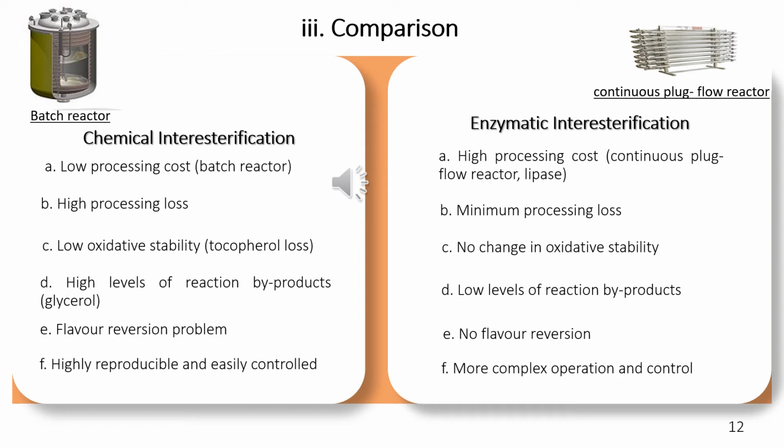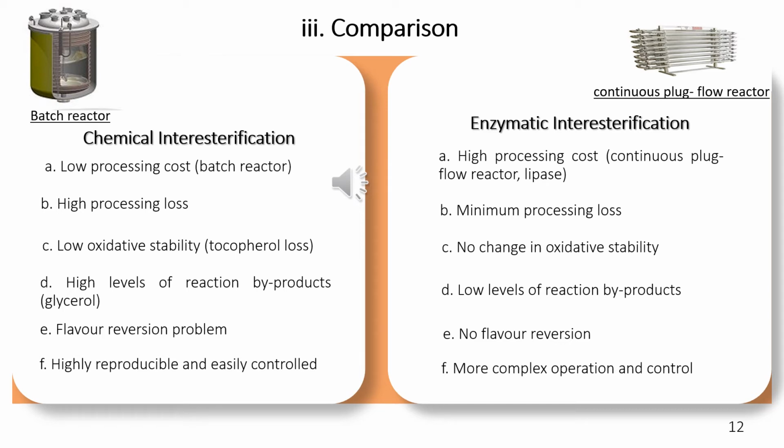Chemical interesterification requires a high level of reaction byproducts, for example glycerols. So in this chemical interesterification process, byproducts occur, for example the glycerols. The glycerol is obtained as a byproduct in chemical interesterification.